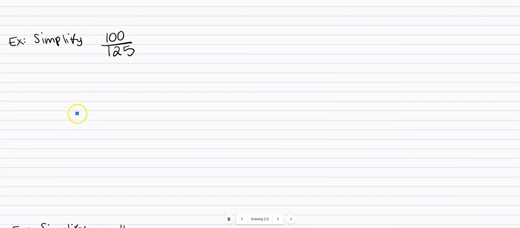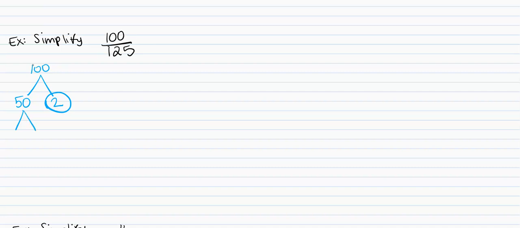Let's do one with multiple digits. So say I have 100 divided by 125. Let's prime factorize 100. Picking any two numbers, I can break down 100 to be 50 and 2. Notice that 2 is prime, so you don't have to break it down further.